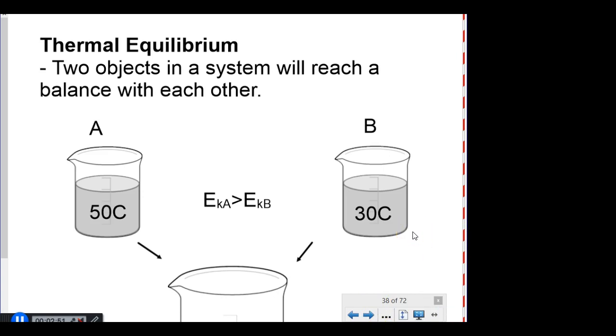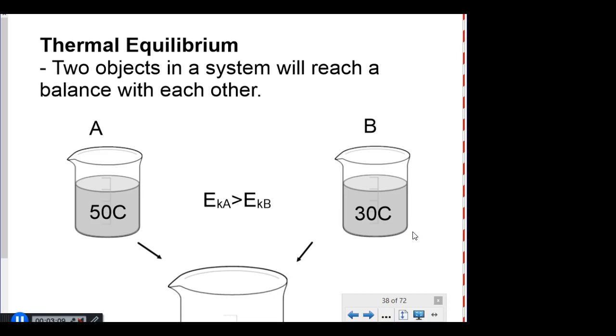Okay. Let's say we have two different beakers of water. Same amount of water in each beaker. Different temperatures.